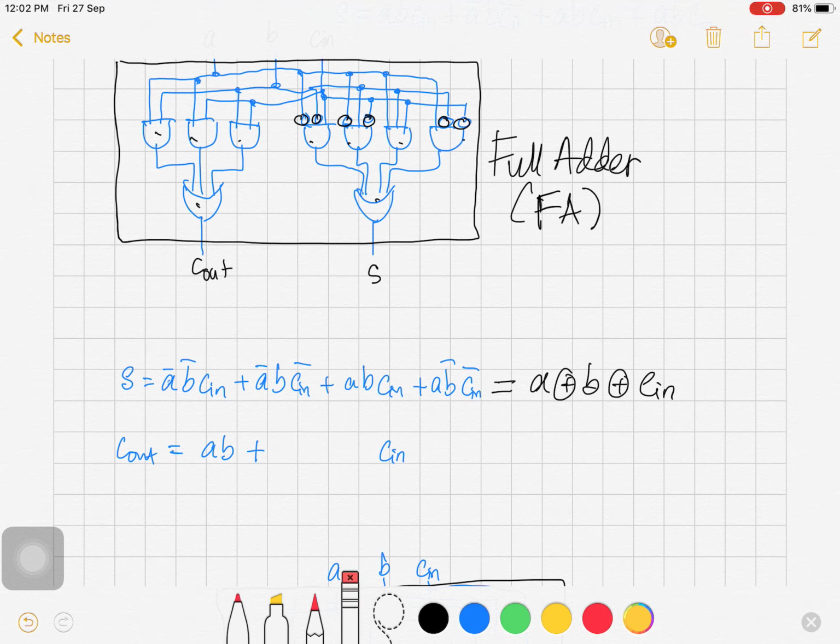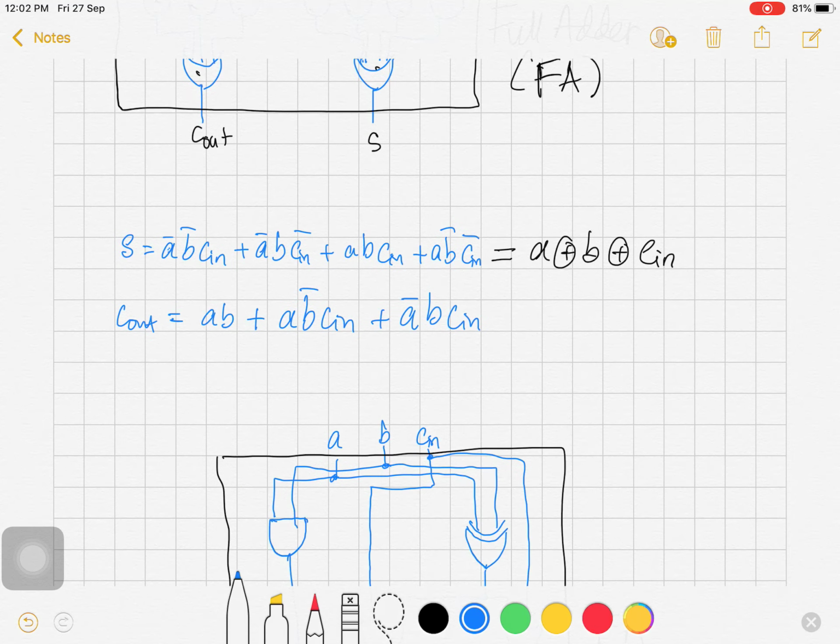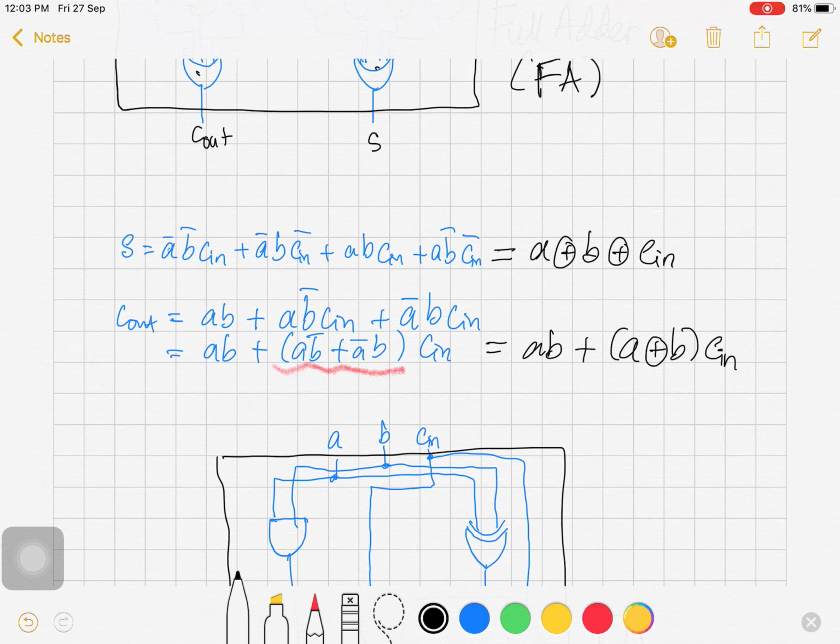So I replace this with A B bar carry in or A bar B carry in, and factorize carry in from the last two terms. I get this, and this is equivalent to A XOR B and Cin.